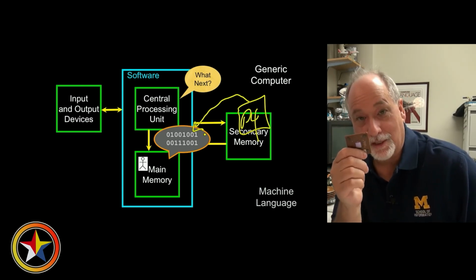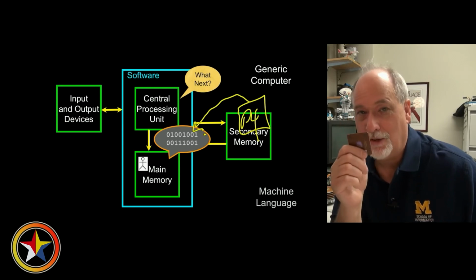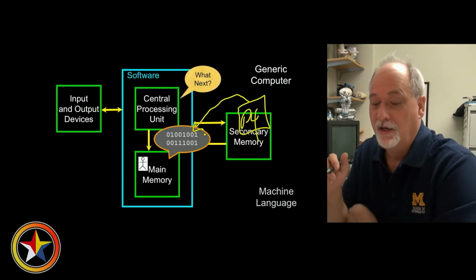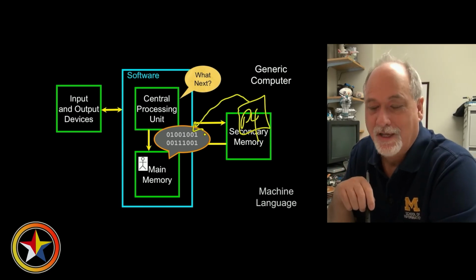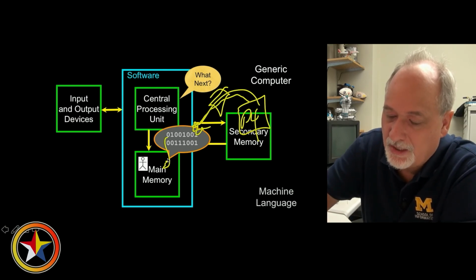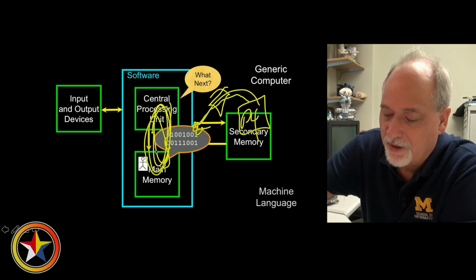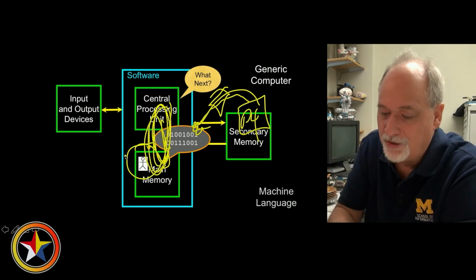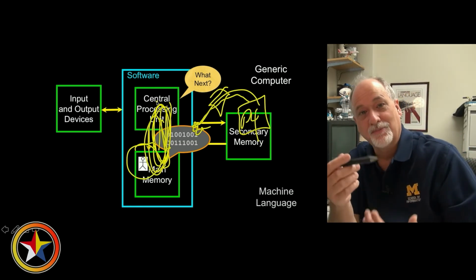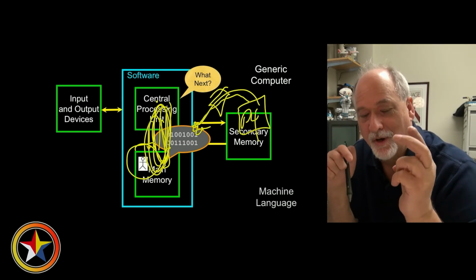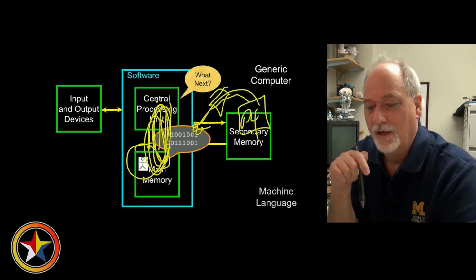You could learn machine language if you really wanted to, but I assure you, Python is far easier to learn. So Python acts as a translator, translates what you're doing into machine language, and then the machine language is what's sent back and forth. But even though it's translated, it's you answering those questions, and that's what a program is: you pre-storing your response to the what next question over and over again.